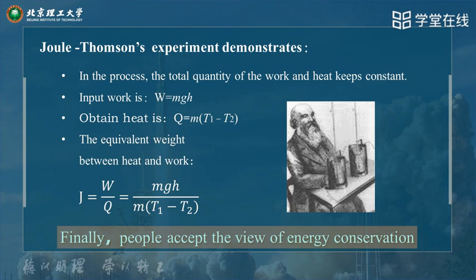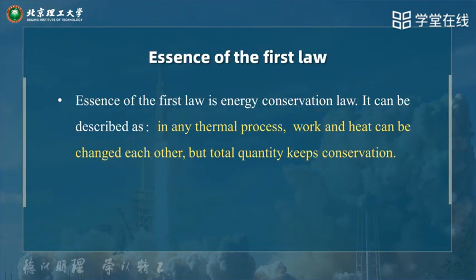He found the energy conversion law. So the essence of the first law is the energy conversion law. It can be described as: in any thermal process, work and heat can be changed into each other, but the total quantity is conserved.